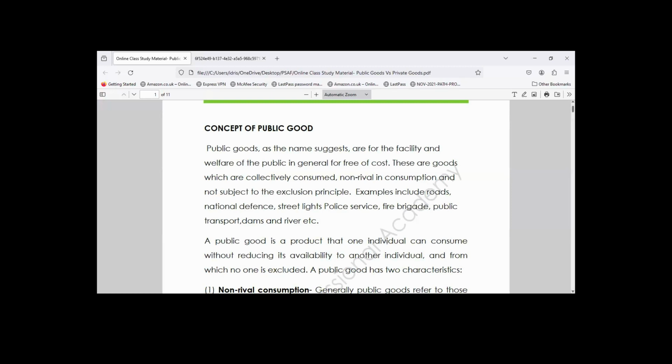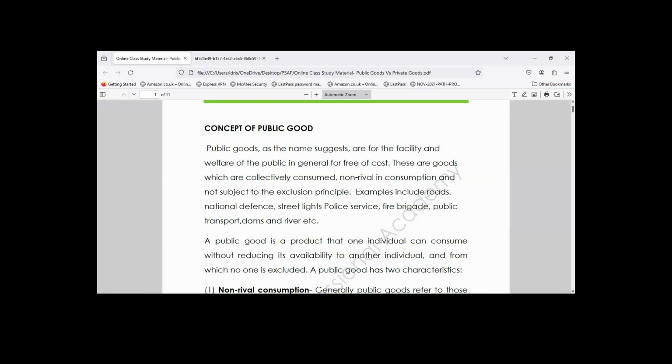Street light. In a street, government put a street light so that people can be seen. It's public good. Fire brigade, fire service. When fire incident happen, fire service will come. They render public good. Public transport, like BRT, though you pay for it, so it's not fully public good.